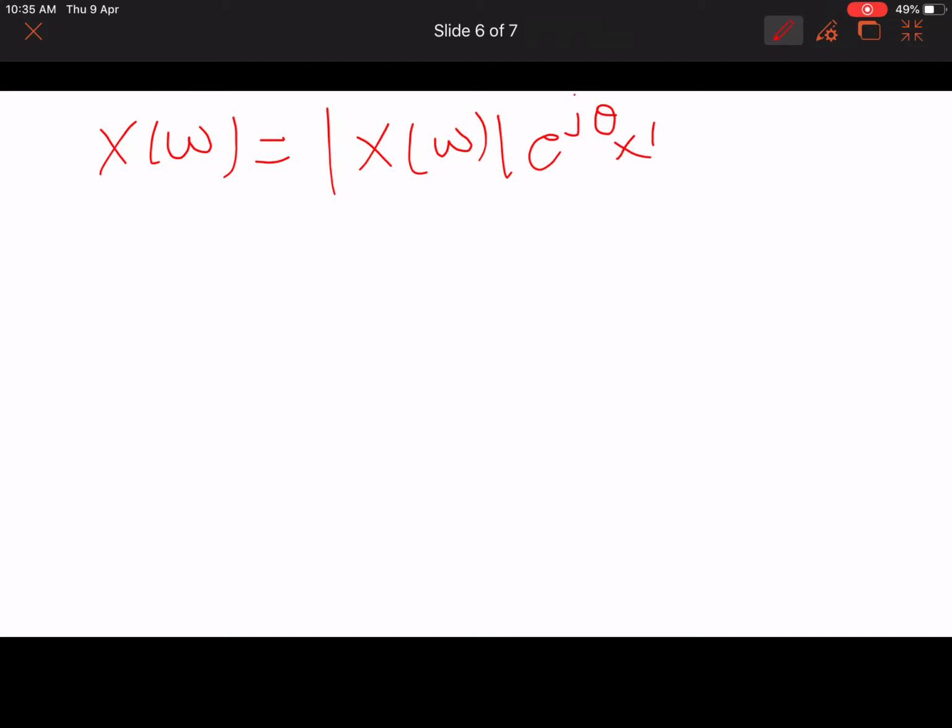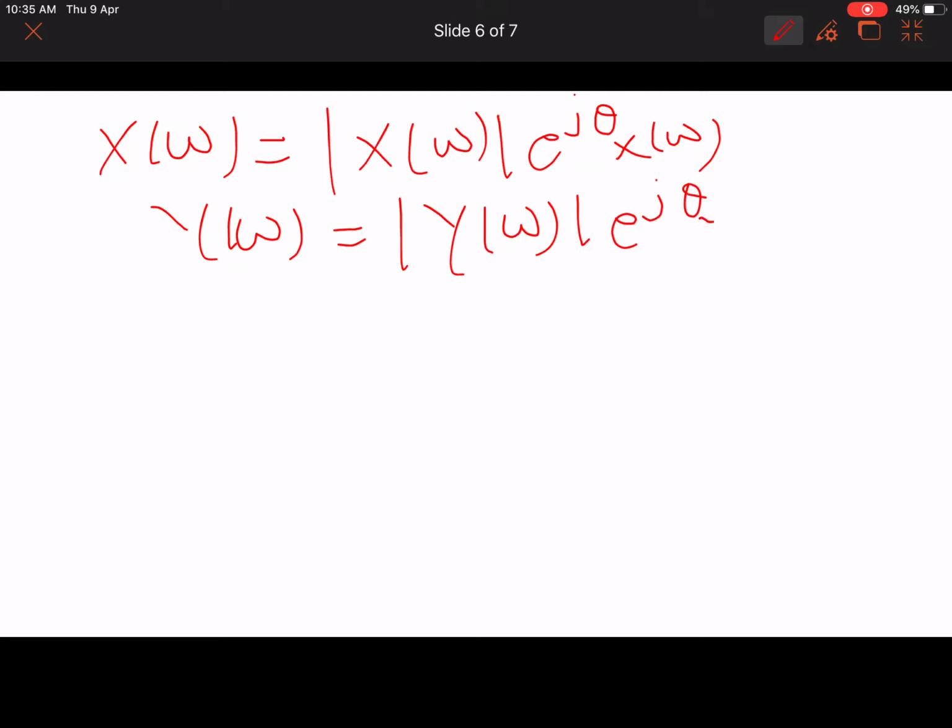H(ω). Now let X(ω) be written here in terms of its magnitude and phase, and Y(ω) is equal to |Y(ω)| e^(jθ_Y(ω)).